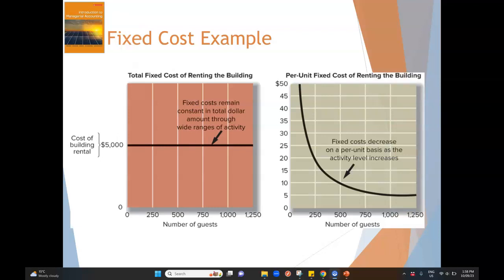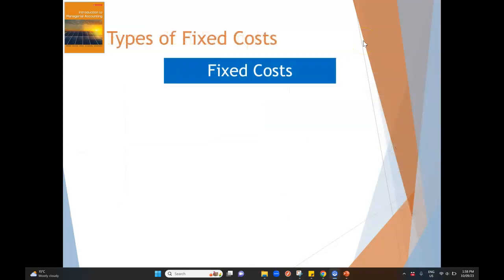Fixed cost example. Total fixed cost of renting the building. Fixed costs remain constant in total dollar amount through wide ranges of activity. Per unit fixed cost of renting the building: fixed costs decrease on a per unit basis as the activity level increases.